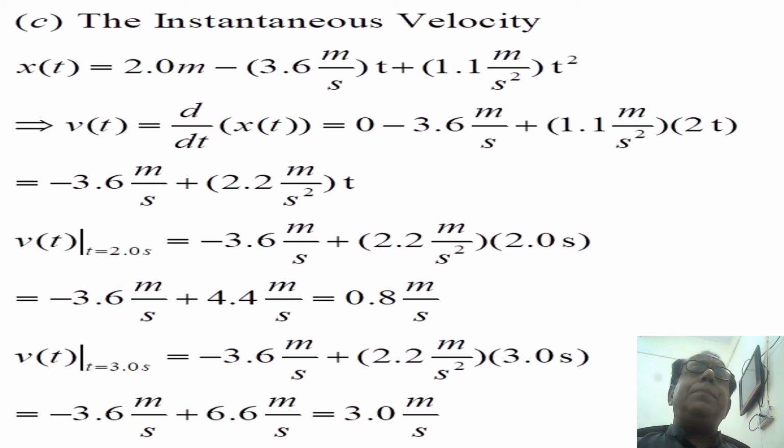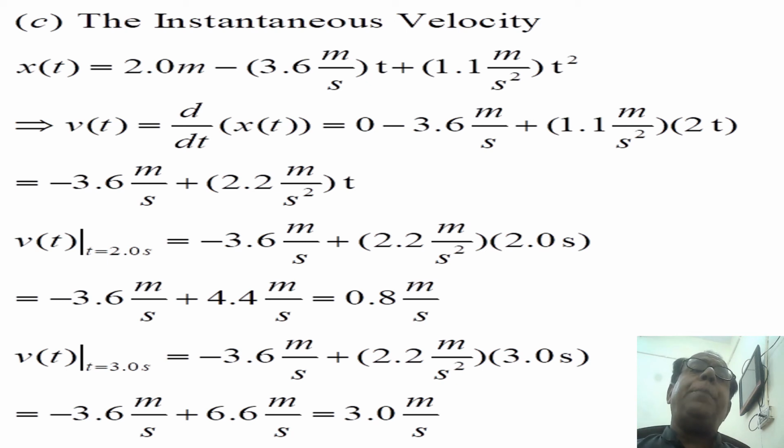In the first term there is no t, so its derivative becomes 0. In the second term there is only t, so its derivative is 1, while in the third term there is t square, so its derivative becomes 2t. So v(t) becomes equal to minus 3.6 meter per second plus 2.2 meter per second square into t.